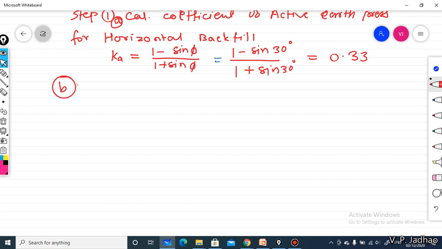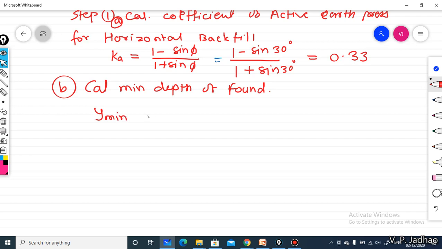Now step number 1b, minimum depth of foundation. We have already seen the formula for calculating the minimum depth of foundation, that is y minimum.